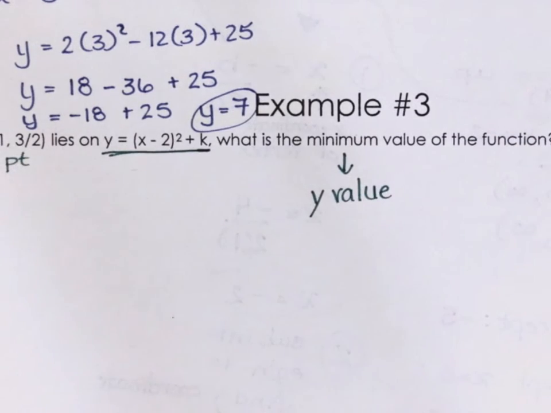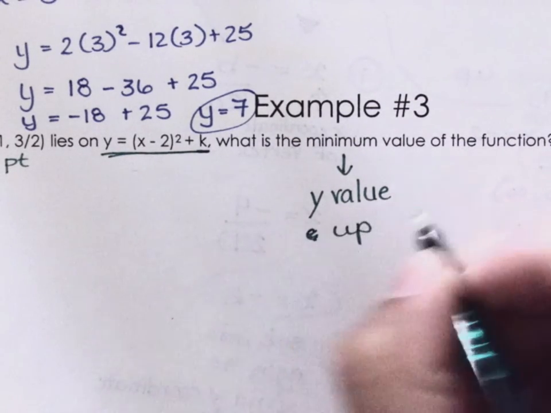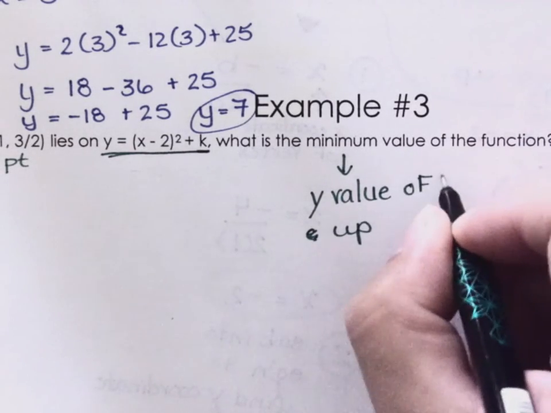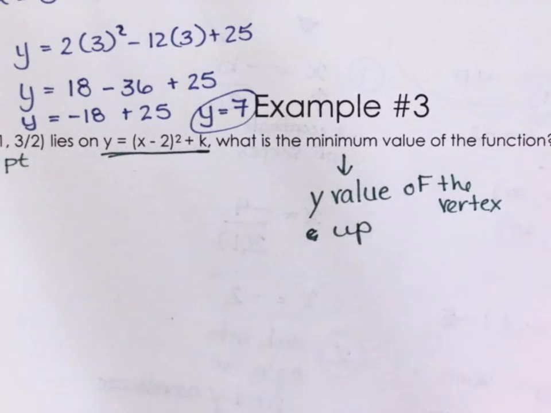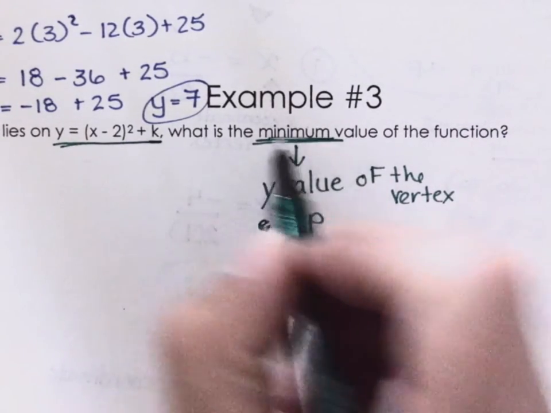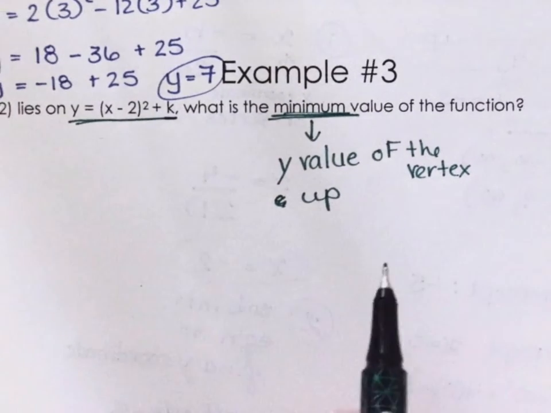And if I'm using the word minimum, which way does my graph open? Up. So it's the language. So the minimum value, it opens up. So I'm looking for the y value of the vertex. So right away, as soon as I see that minimum, I know that my graph is opening up and I'm looking for the y value of the vertex.